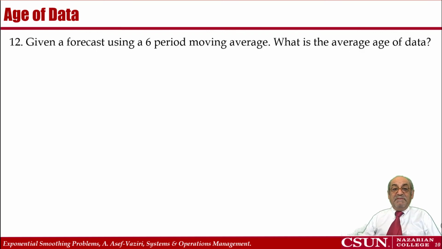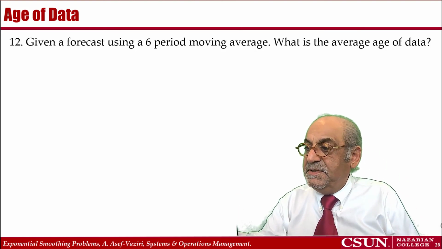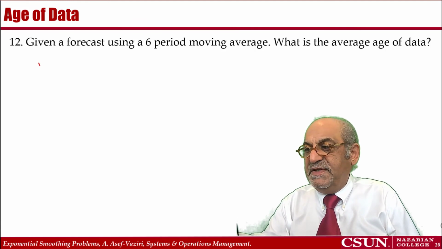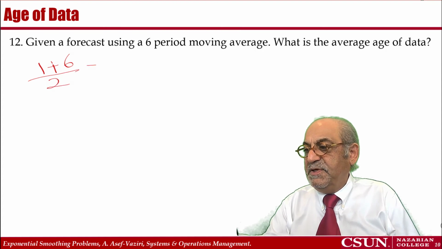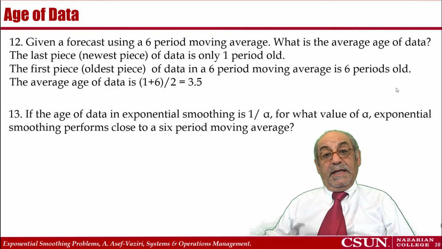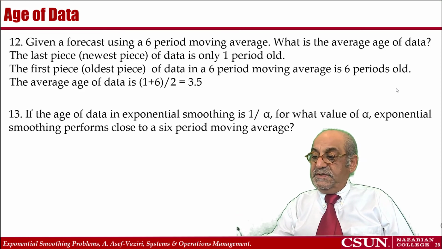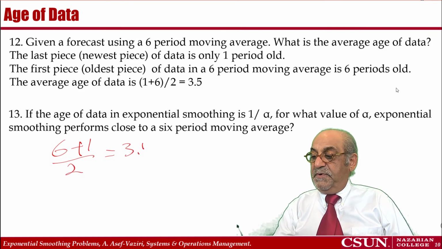Given 6-period moving average, what is average age of data? 6 period, the newest piece of data is 1 period old. The oldest 6. On average, 6 plus 1 divided by 2, that is 3.5. Exponential smoothing with what alpha is equivalent to 6-period moving average? 6 plus 1 divided by 2 equal to 3.5 equal to 1 over alpha.